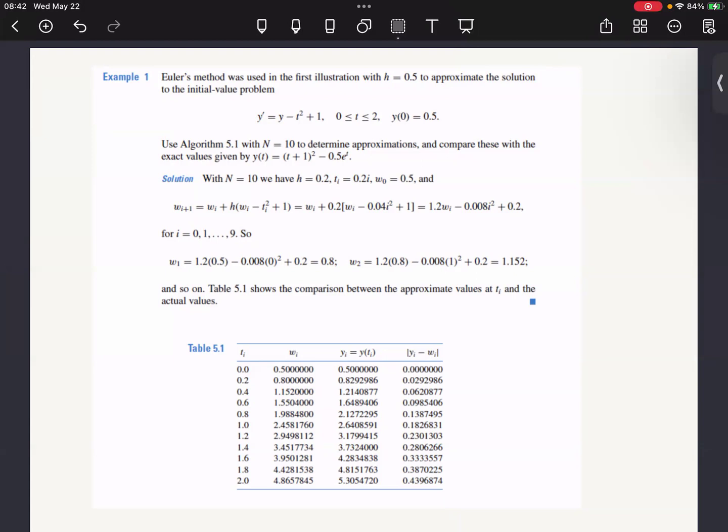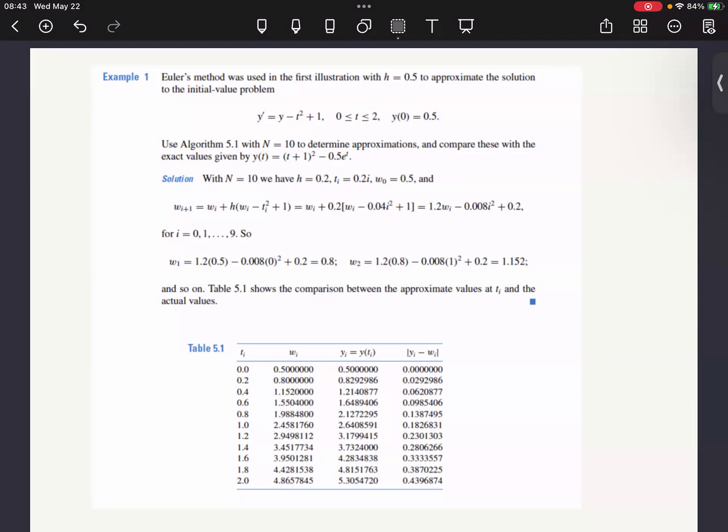So here we use this formula to update the w_{i+1} value. For example, we have w_1, w_2. But actually, you can just stop writing the whole thing up to here, and then change the h to be 0.2, and that's it.